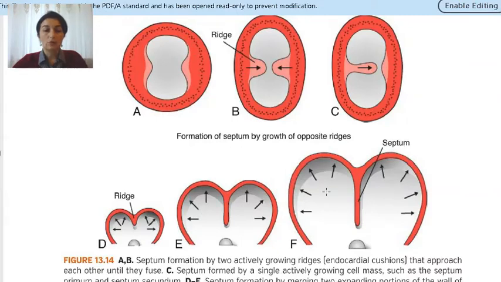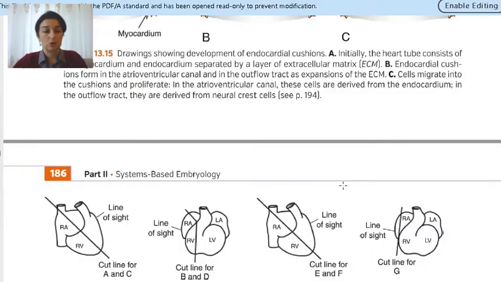As a result of this expansion, their walls will fuse with each other, and finally a septum will be formed. This is how the interatrial septa will develop. They will develop this way. So they will subdivide the atria, right and left, from each other.